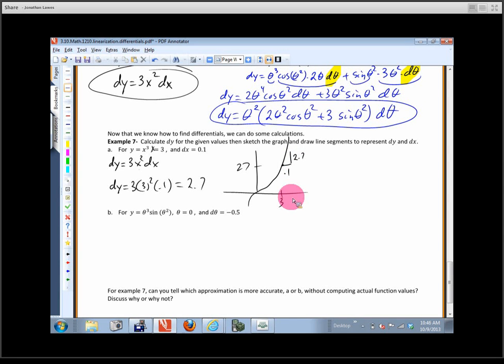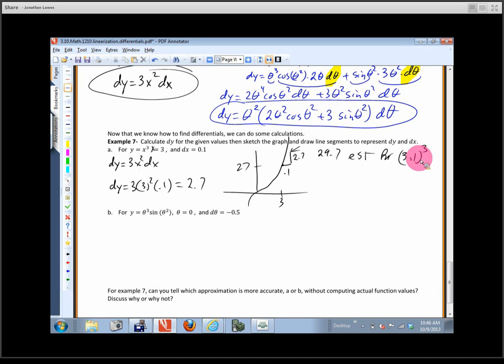So if the function value used to be 27, what are we estimating for right here? 29.7. That would be our estimate for 3.1 cubed.